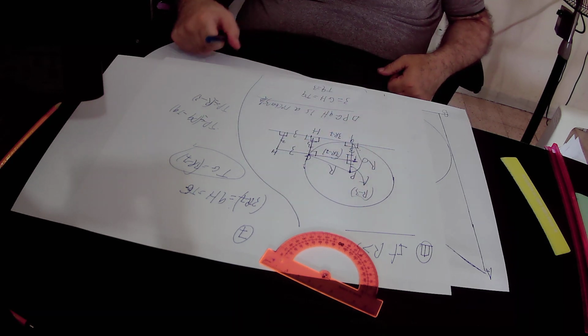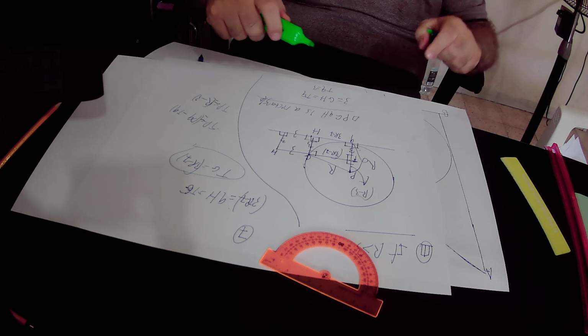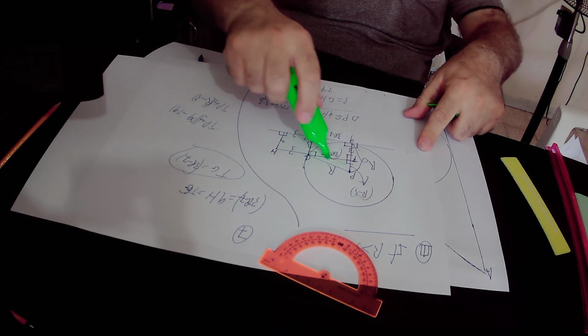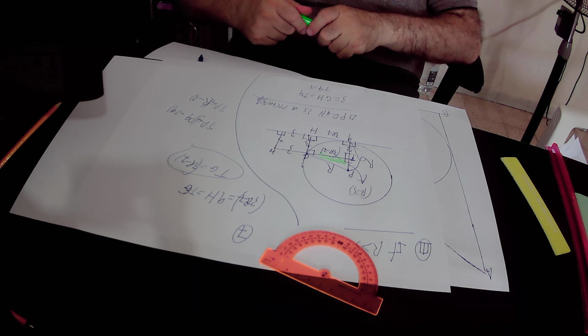In the next step, we will apply the Pythagoras theorem on the right green triangle, triangle TPG.